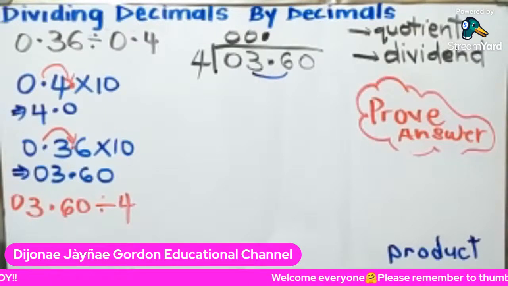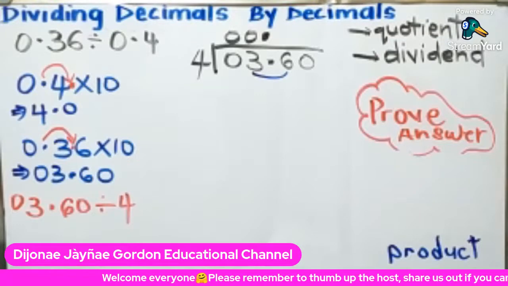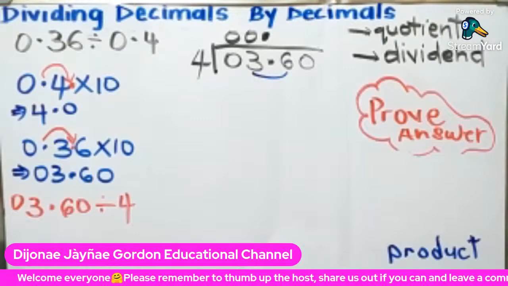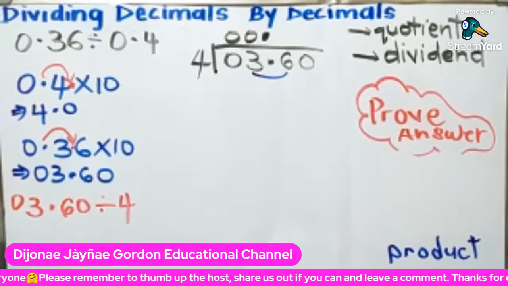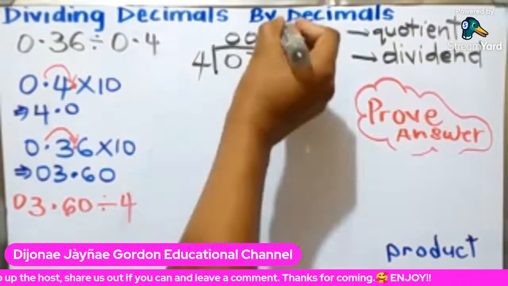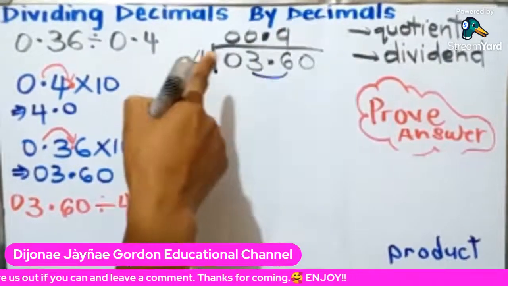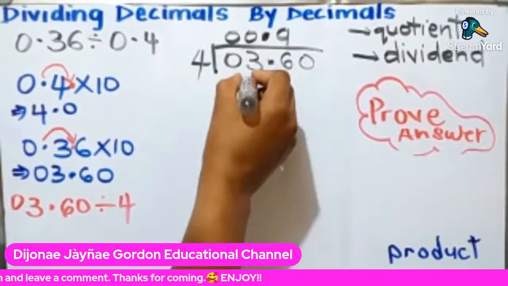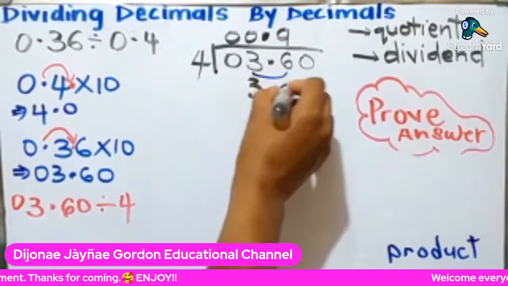That's what we're asking ourselves now. 4 multiplied by 9 gives you 36, so that is telling us that we can get 9 groups of 4. And 9 multiplied by 4 or 4 multiplied by 9 is going to give us 36.